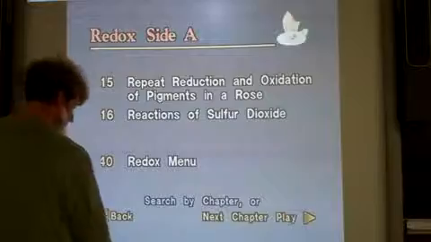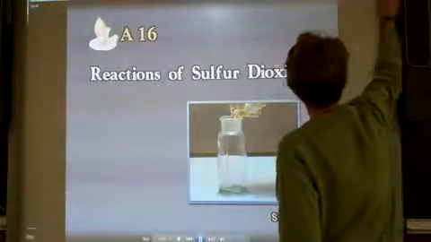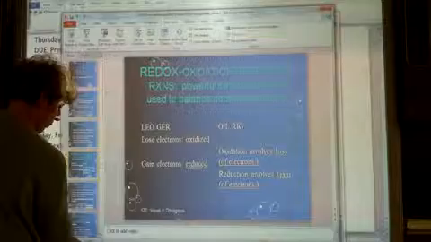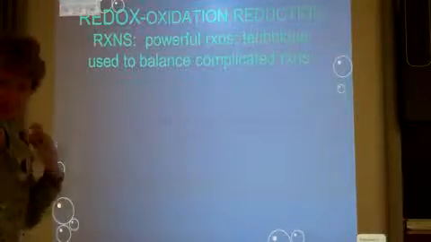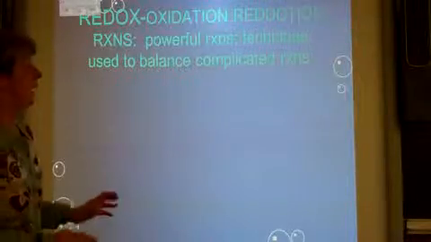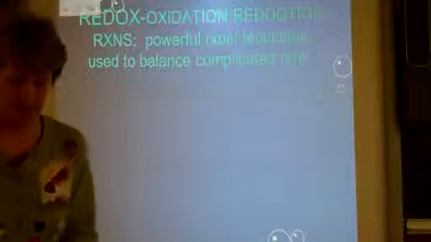Okay, so just to give you an idea of what those reactions look like and why we are going to study them. So here we go. What we said again is these reactions are very powerful. How are we going to determine oxidation numbers?